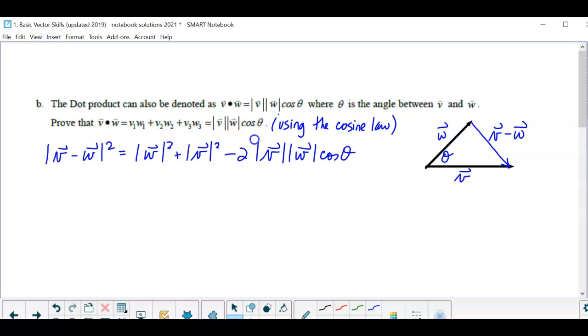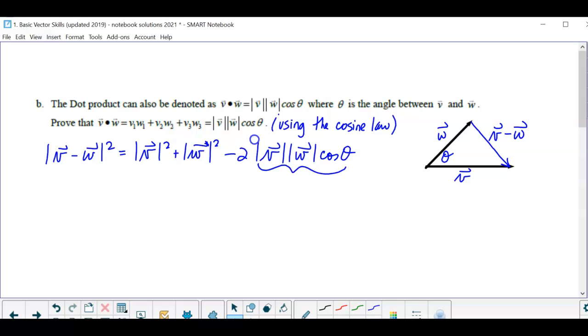Maybe I'll keep these in order, v and w here. It doesn't matter though. There we go. And so you can see, this is what we're trying to prove, trying to solve for.